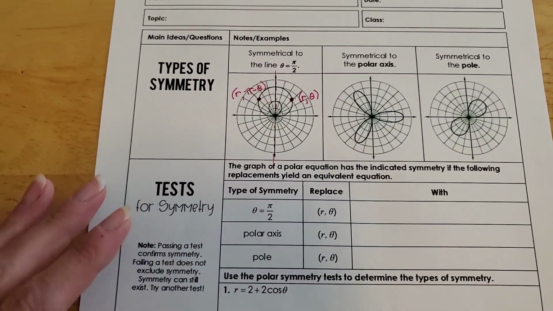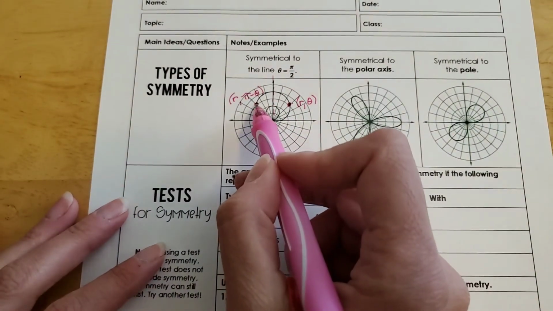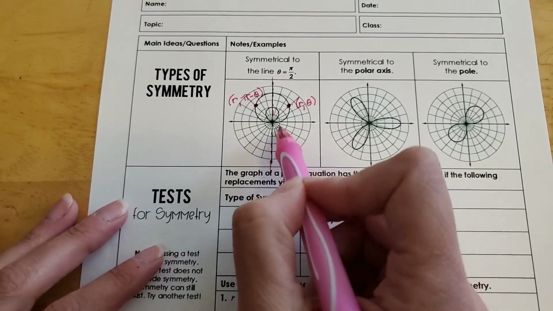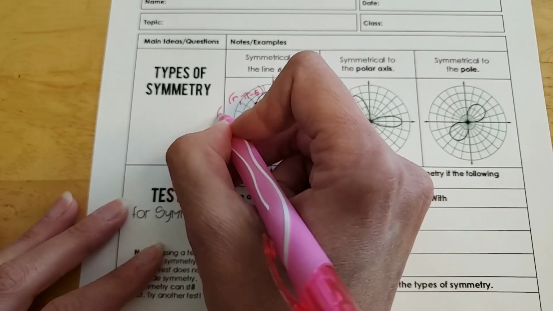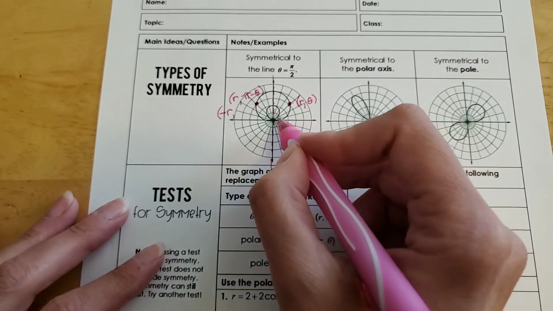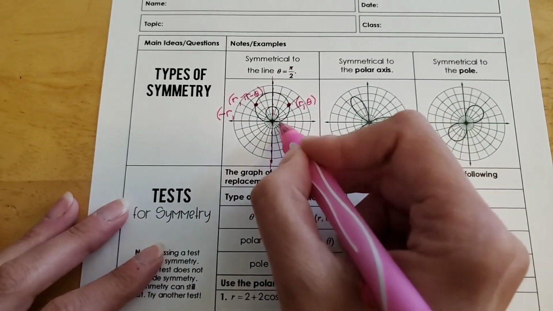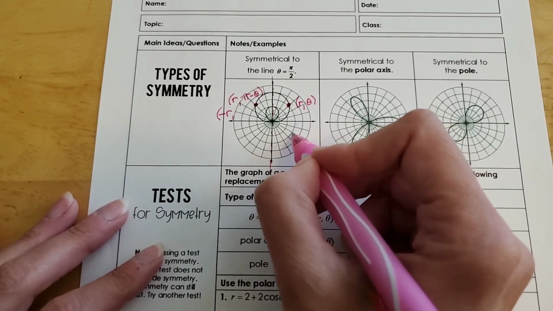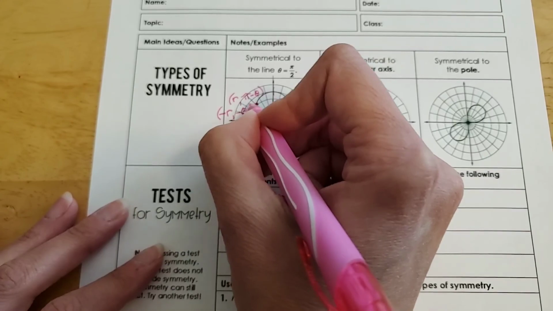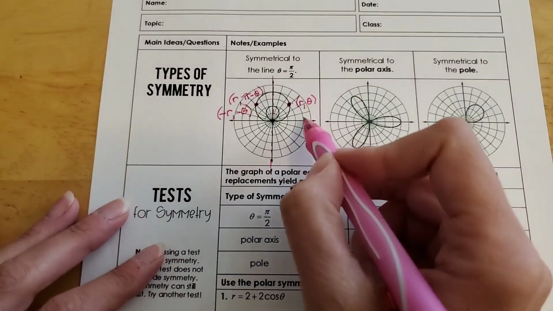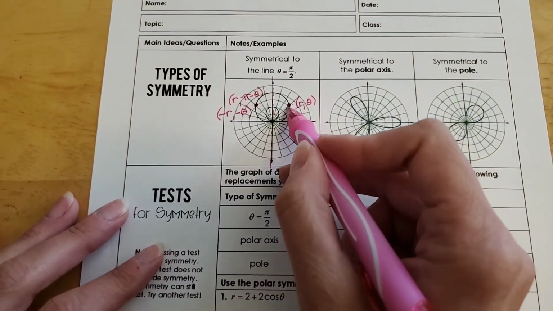But we could also think about that point with a negative r value. That would also be negative r, so coming from this direction, and theta down here, negative theta. Because if you go here, I went up theta.